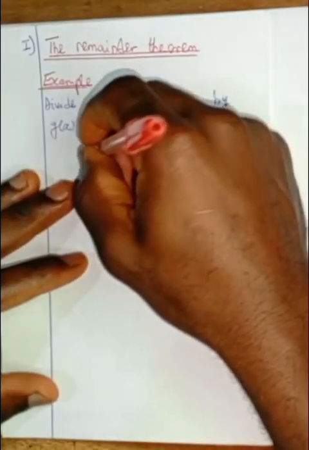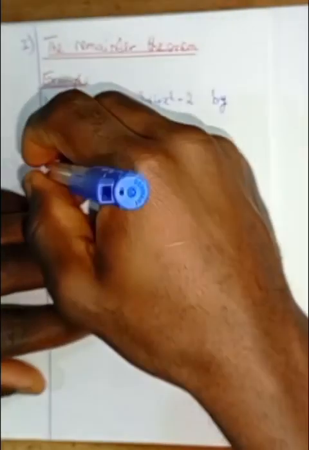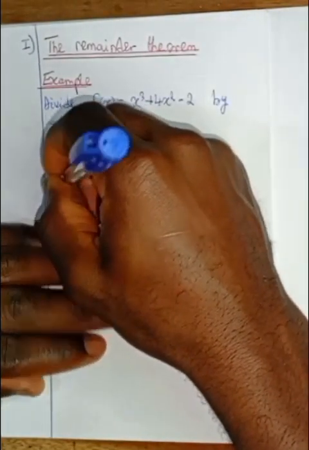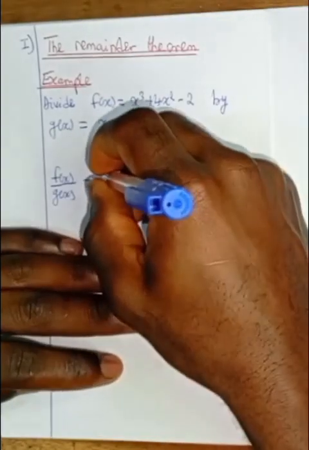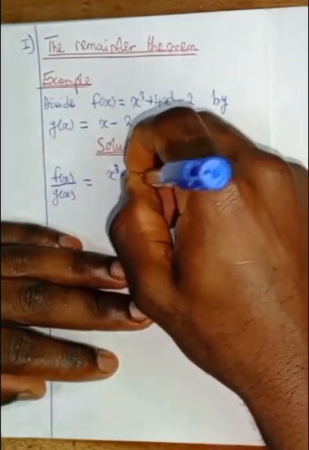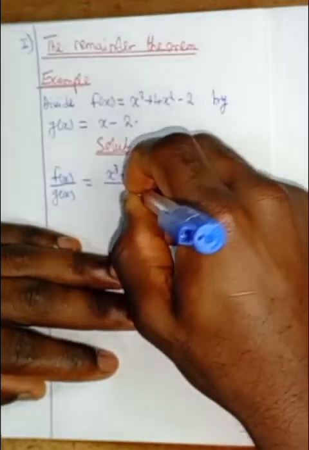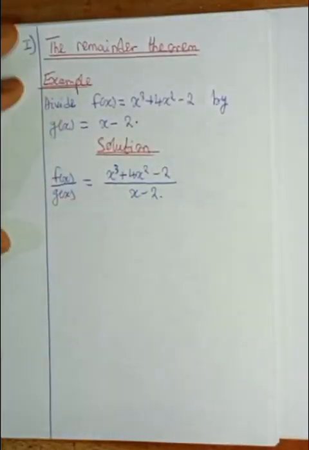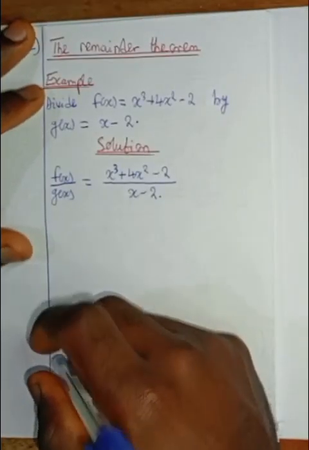Take solution. We have to divide f of x by g of x. This will simply be equal to x cubed plus 4x squared minus 2 all over x minus 2. For us to divide these two polynomials, we are going to make use of the method of long division.